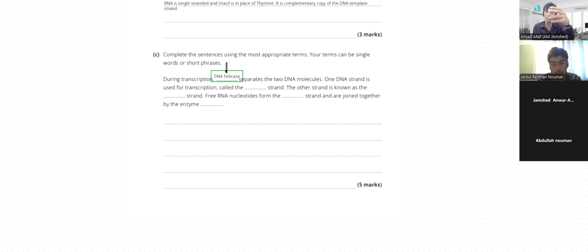You're actually mixing replication with transcription, right? So here the polymerase separates the two DNA strands, and one DNA strand is used for transcription. That's called the template strand. This is what you can add here.